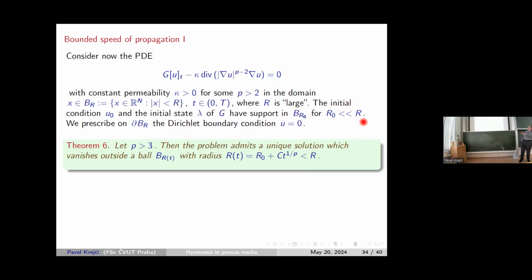R0 is much smaller than capital R, and we consider the problem on a big ball BR with zero boundary condition on the boundary. So this boundary condition is not really physically relevant for the problems, but the theorem says that we have a unique solution which vanishes outside a ball with a radius which is smaller than R. So the solution is 0 already some distance from the boundary.